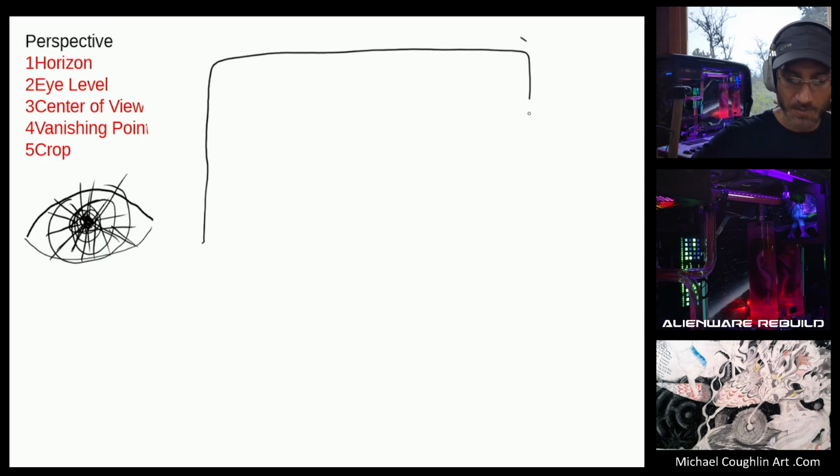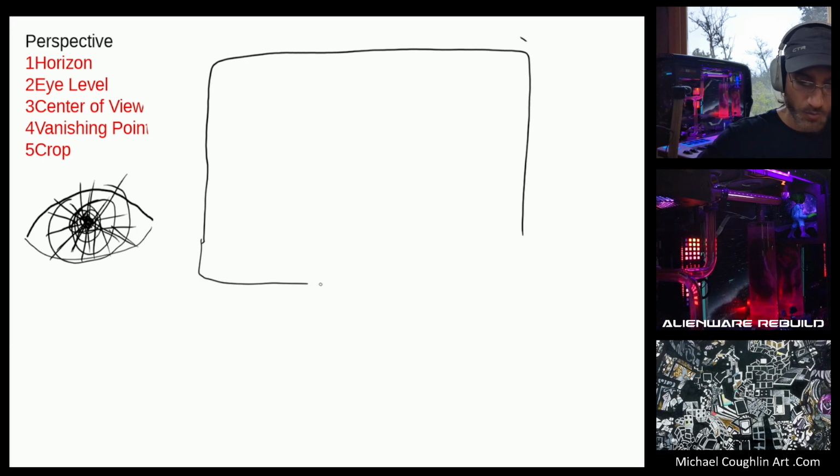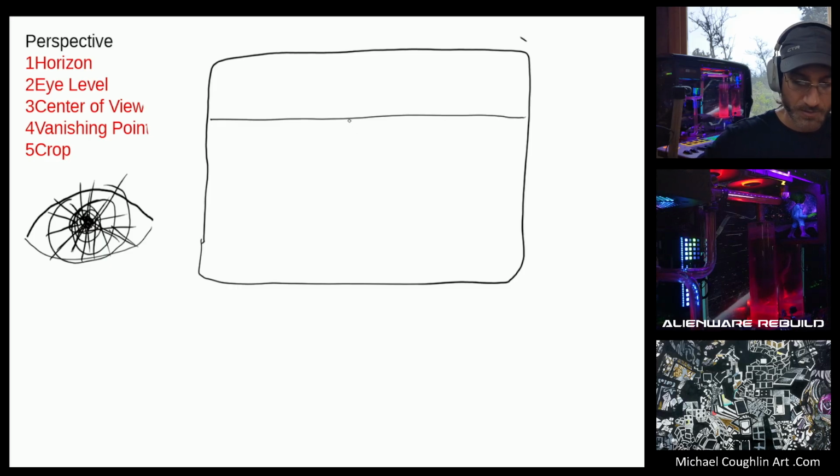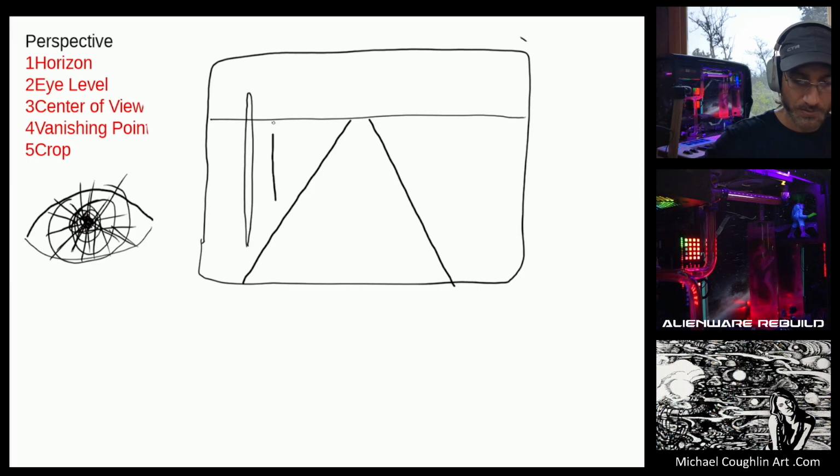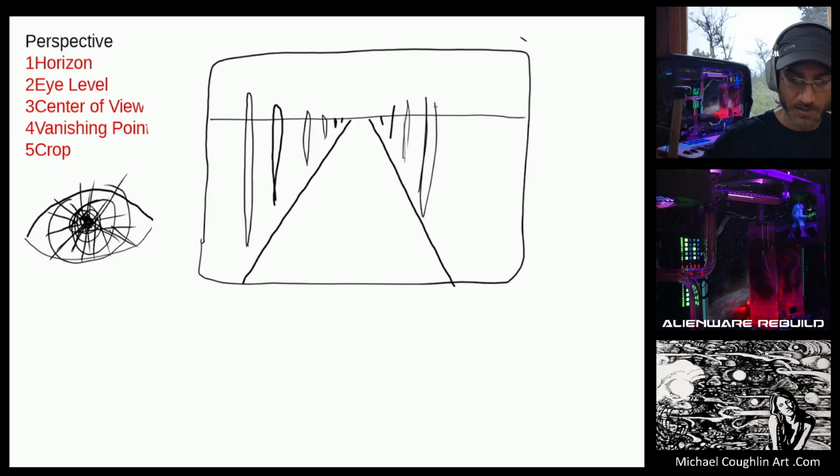Let's say I am looking at my classic 1-point perspective scene with my railroad tracks and my power poles on the side, right? And they get smaller as they go. Same thing with here. And they get larger.